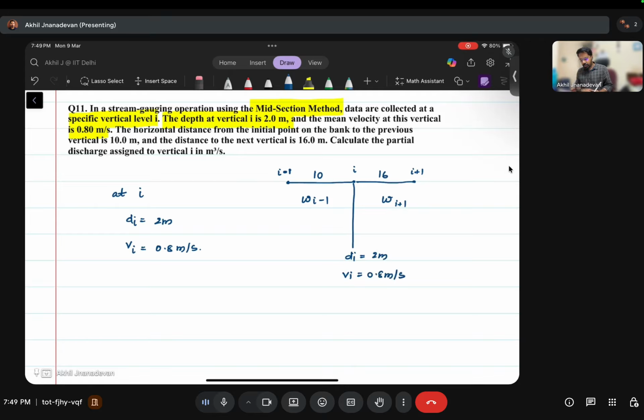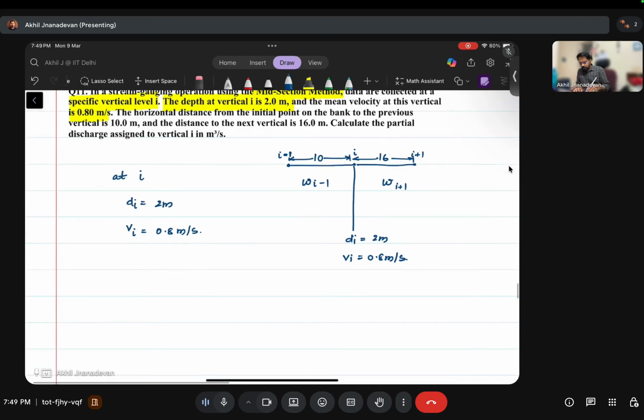So this is the data given, and both the widths are also given, that is 10 meter and 16 meter. So using all this data, we need to find the discharge, right? So the discharge for this element.